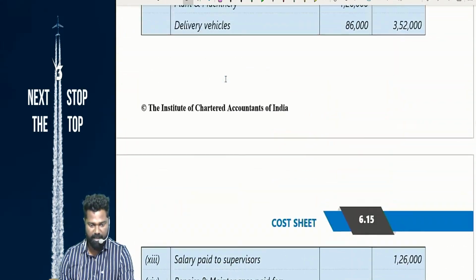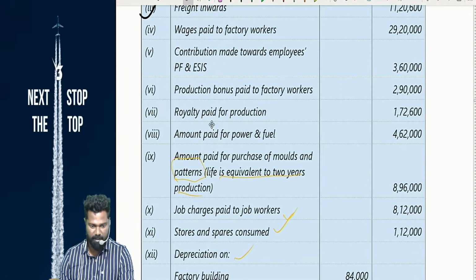Next is what? Direct labor cost. How much is that given in the question?